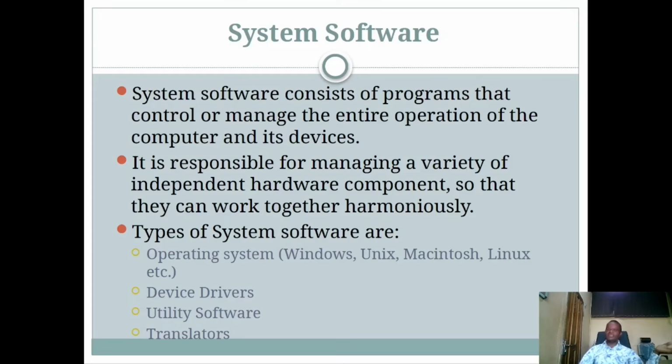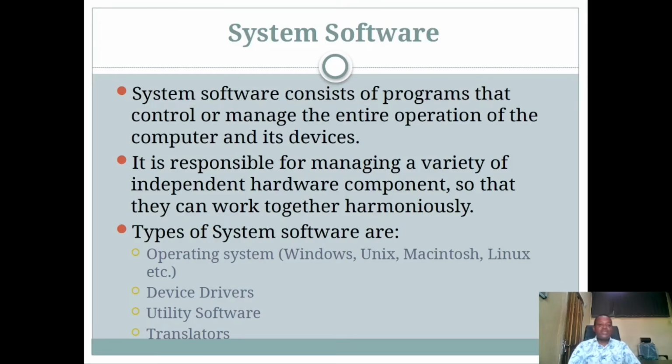When you buy it, you can choose the type of operating system you want, if you want Windows, Linux, Unix, or Macintosh. It's just for you to pay the money and they will set it up for you. So the operating system is a type of system software.